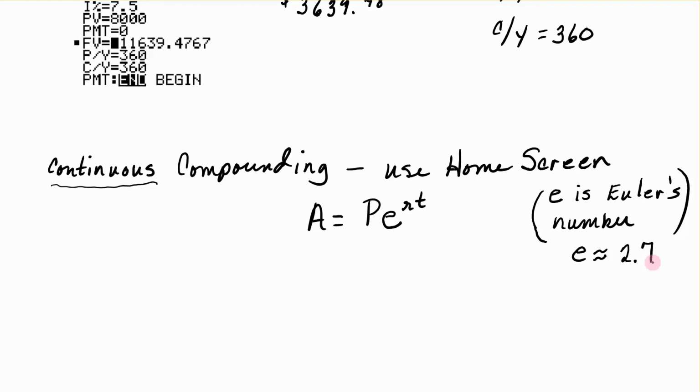We're not going to use 2.7, but I want you to realize that it's a number. Perhaps in a class, I could talk to you about where it comes from, but for right now, I'm just going to say it's a number. All right. We're going to do this on our home screen of our calculator, and I will show you how to do this on the very next problem. So, please make sure that you have this continuous compounding formula written down, and you'll get to use that E in just a minute.